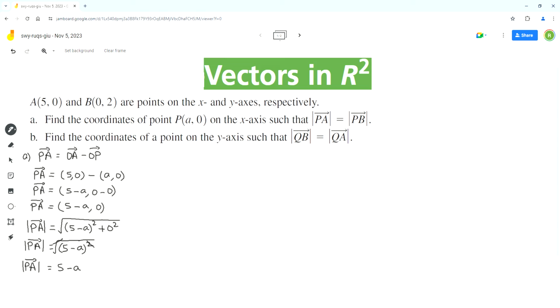So we'll start by finding vector PB. We can break it down into its position vectors. So for position vector OB, we'll use the point B. Now we can subtract these vectors.